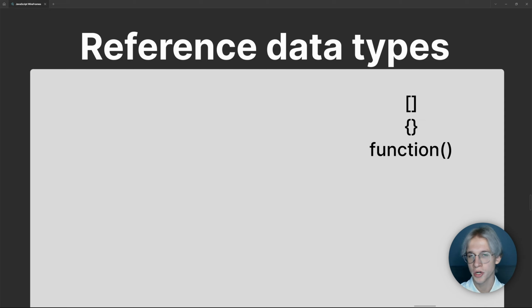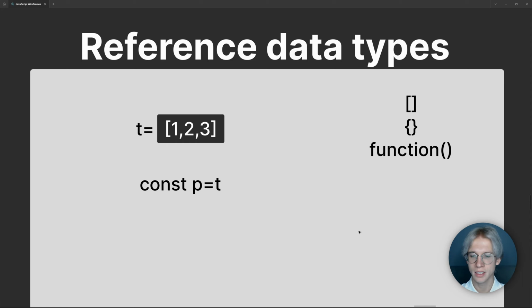What happens with reference data types? Arrays, objects, and functions have reference data types. For example, I want to create the variable t, which is an array of values 1, 2, and 3. And the beginning is absolutely the same as with primitive data types. And some difference I can see only when I want to create a new variable p, which is equal to t.